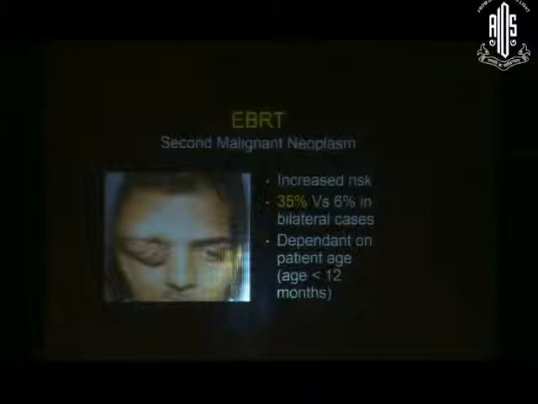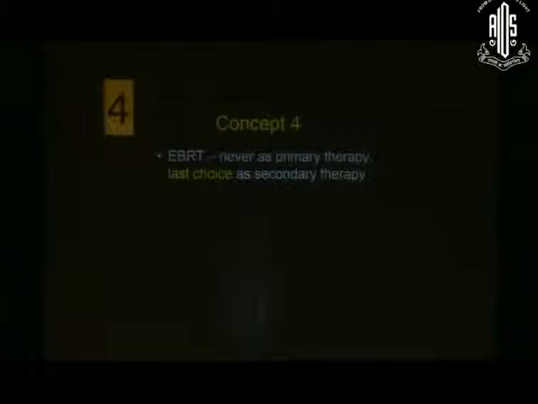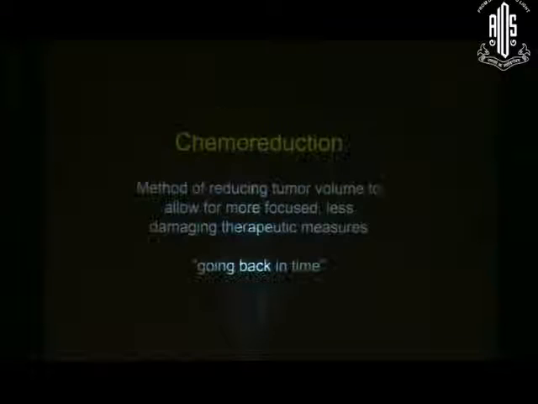The risk of second malignant neoplasm increases to 35% versus 6% in patients with bilateral heritable retinoblastoma that have been treated with EBRT, which means that we will kill about 29% of these patients when they become older, teenagers or in their 30s, by exposing them to the risk of radiation when they were younger, so it is not acceptable. Concept 4: EBRT is never currently used as primary therapy and is the last choice as secondary therapy.